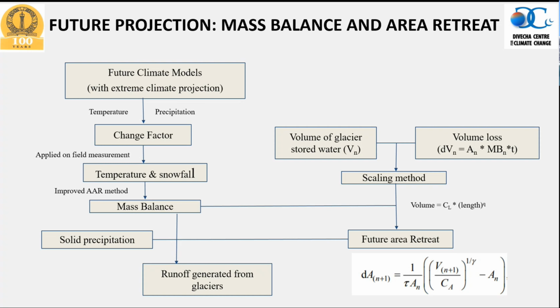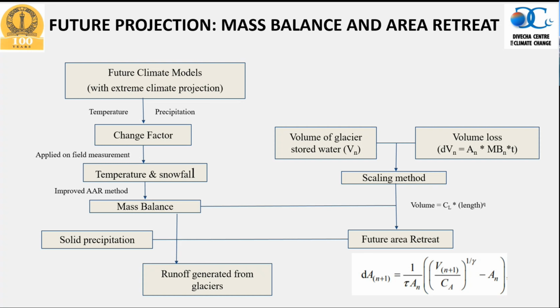So this is how you use a very different idea where even though eventually you are using the AAR technique to estimate the mass balance, you are now using the temperature index model to understand the mass loss.